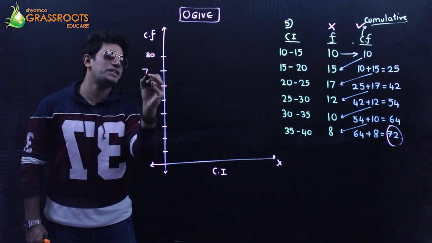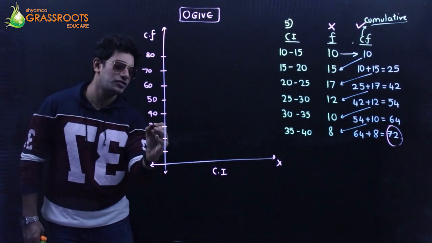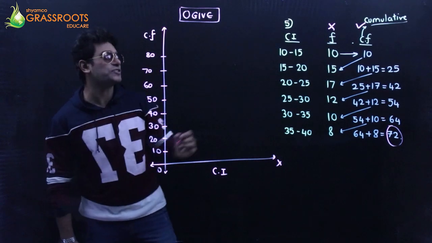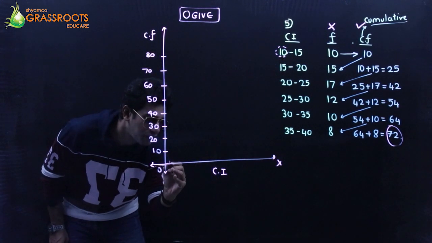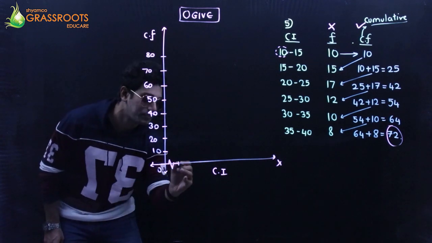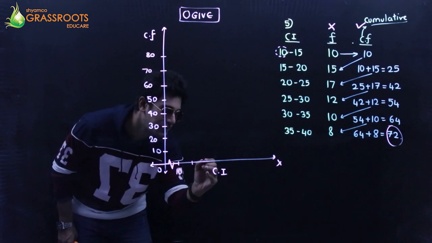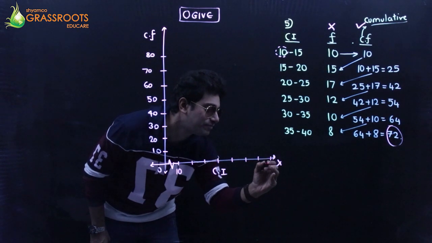So you have 80, 70, 60, 50, 40, 30, 20, 10 and 0. It's not starting from 0, it's starting from 10, so one small box you leave with a kink. Here are the lower limits, starting from 10, 15, 20, 25, 30, 35, 40, 45.